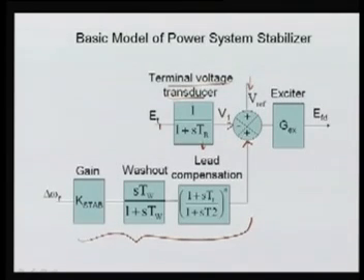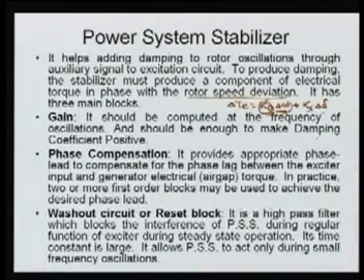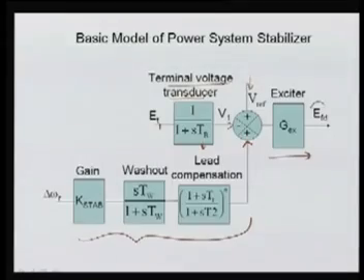So these two signals, with the measurement signal of the actual terminal voltage, are compared here, and then it is given to your excitation system. This is your exciter, and its gain, or you can say transfer function, is written as GEX. Finally it is giving your EFD, which is the voltage directly proportional to the current, and it is changing your excitation voltage.